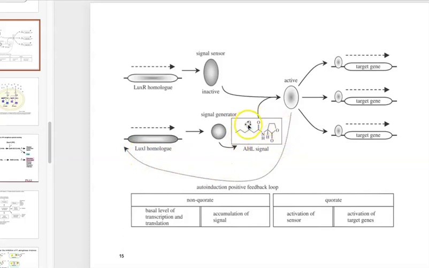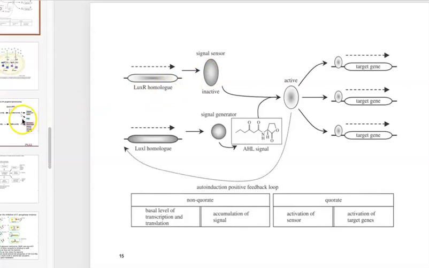This is the autoinducer signal. We use the pure form of this in our autoinducer luminescence experiments. And so this signal sensor will bind to the autoinducer to make an active transcription factor that can then turn on or turn off genes. So again, the LuxR signal sensor is really important.